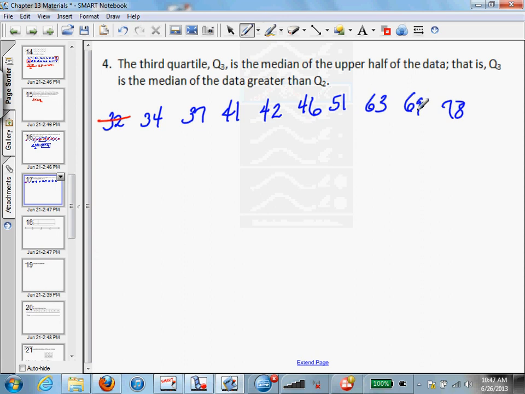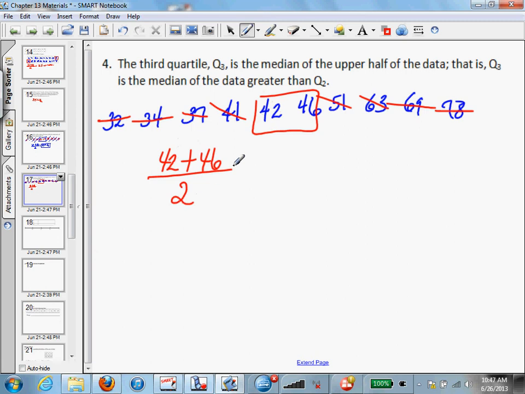So now if we go through and find the middle piece, looks like these are going to be our two middle pieces, so we need to add these together and take the average by dividing by 2. When we do that, we're going to get 88 over 2, which reduces to 44. So 44 is the median of this piece, so 44 is Q3.